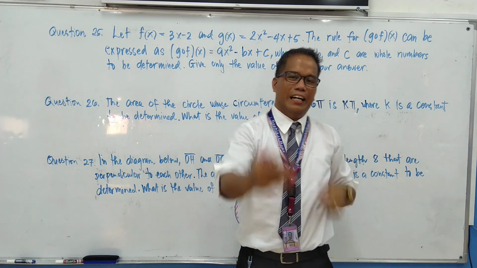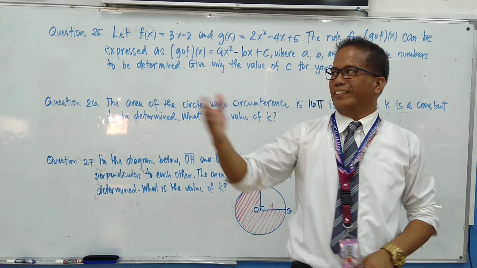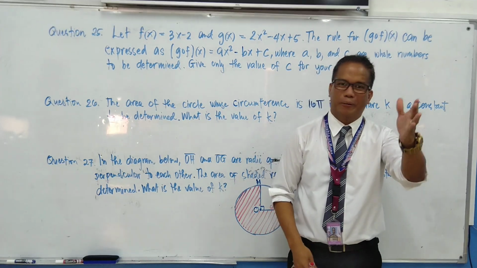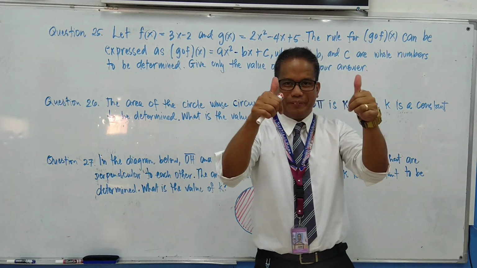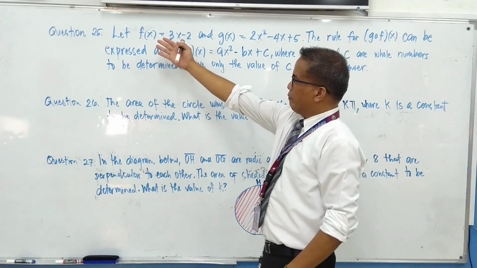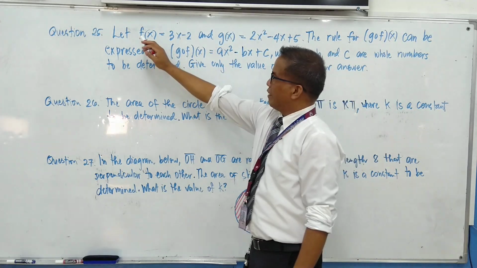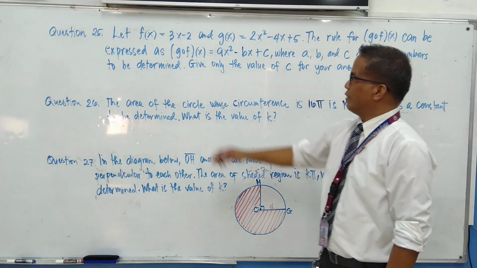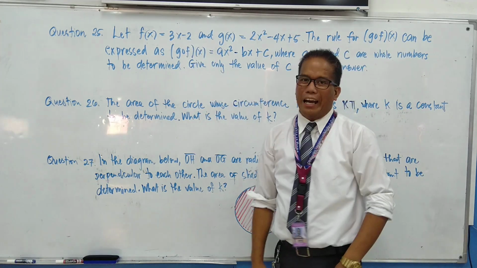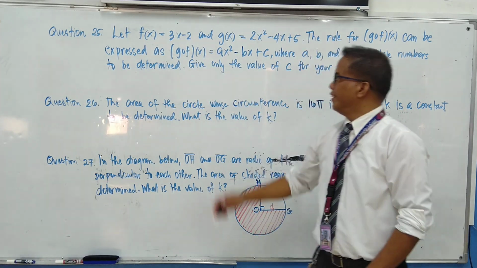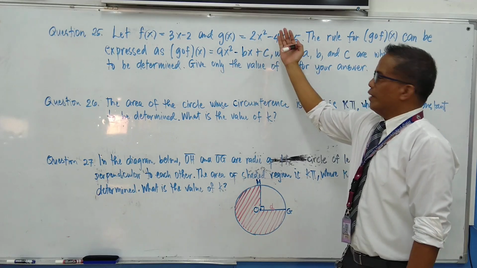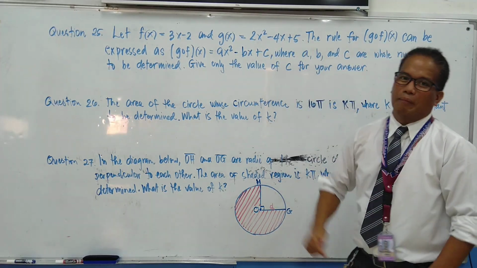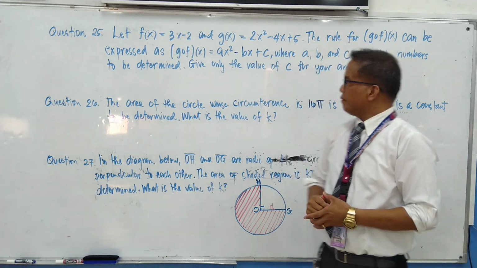So for today's lesson, I prepared 3 questions in mathematics for our review. Okay, so let's start. Question number 25. Let f of x equals 3x minus 2 and g of x equals 2x squared minus 4x plus 5.